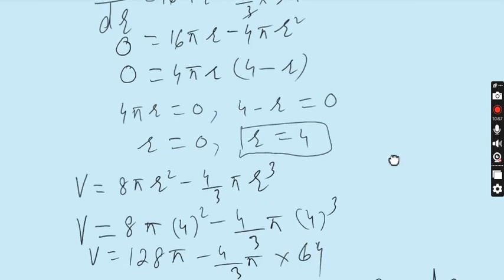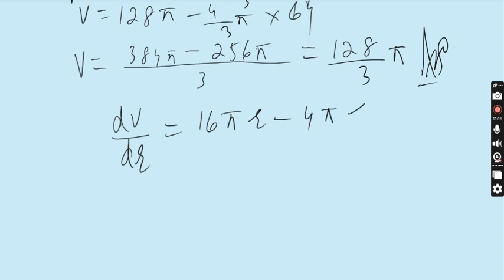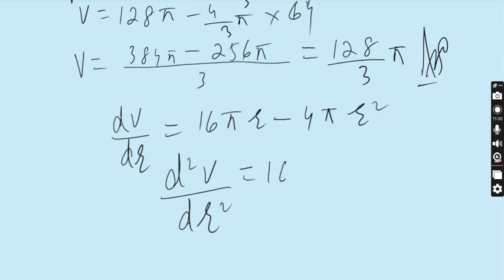And determine its nature. In order to find the nature, first we have to write the derivative dV/dr, which we have found: 16πr − 4πr². Now find the double derivative, d²V/dr²: 16π − 8πr.